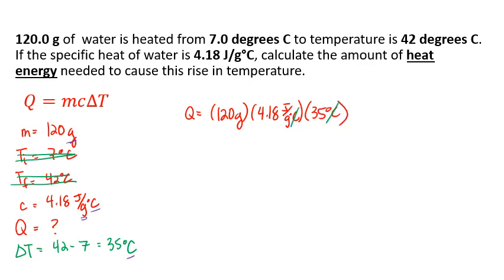Again, our units are going to cancel here, and it's going to leave us in a value of joules. Now we just need to multiply everything. 120 times 4.18 times 35, and this one's actually quite large, and that's okay. It's 17,556 joules.